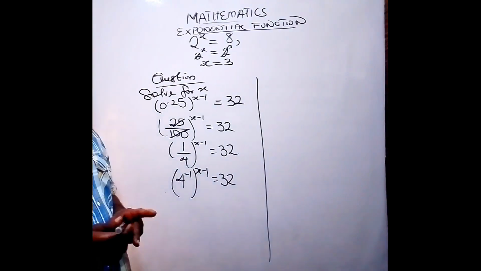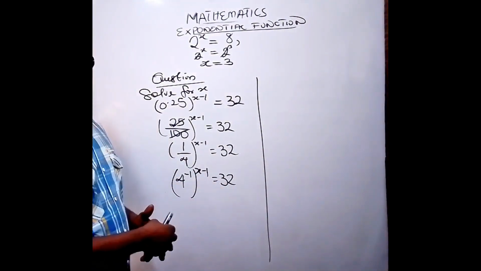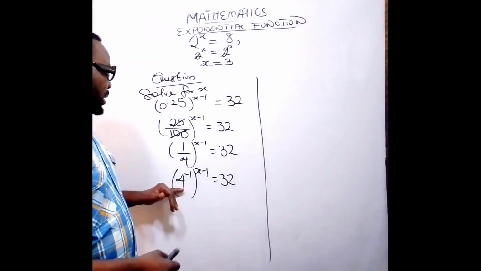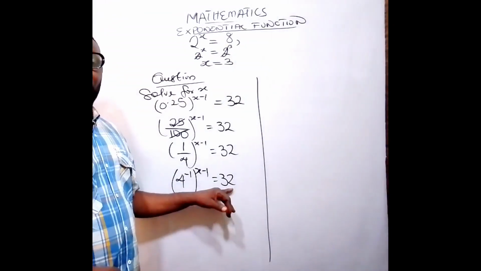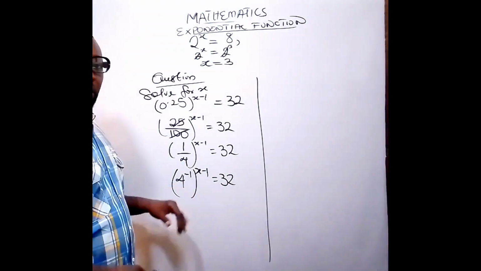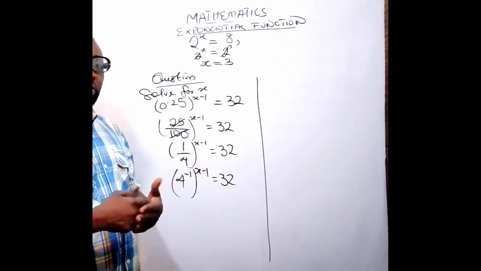What I'm working towards is to look for a value that will equate these two together. And what is that value that is common to them? We cannot say 4 raised to a particular value will give us 32, so 32 cannot be equated to 4 directly. But the two of them can be reduced to 2.